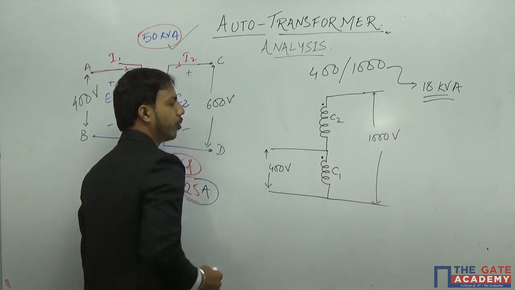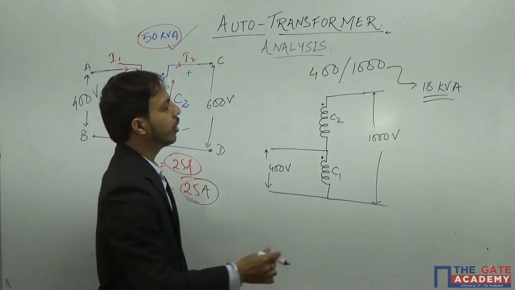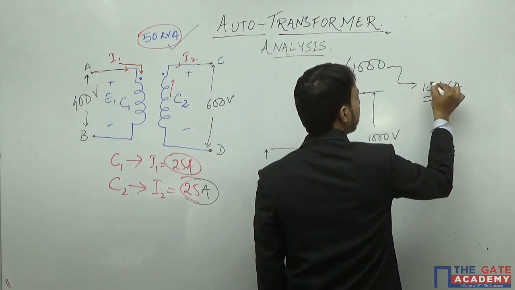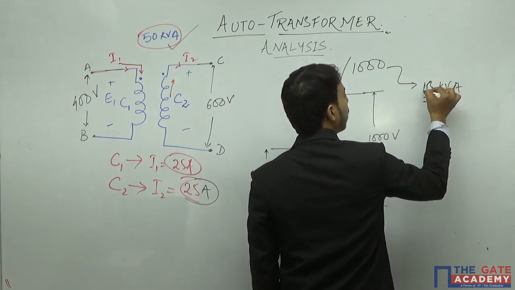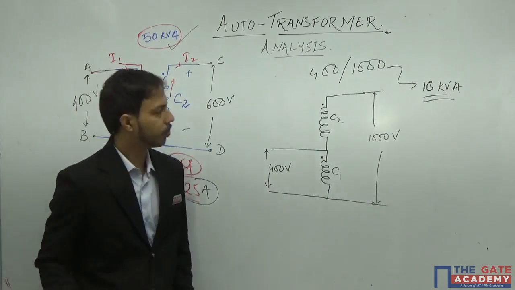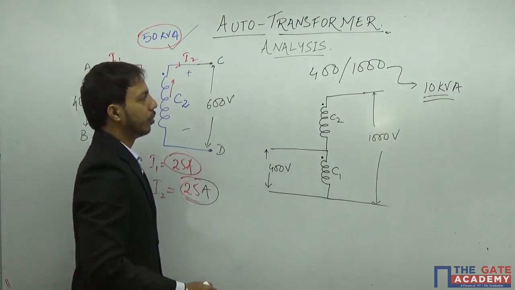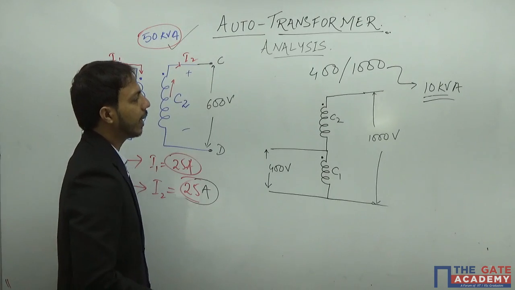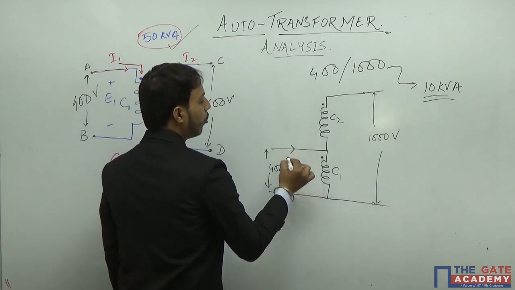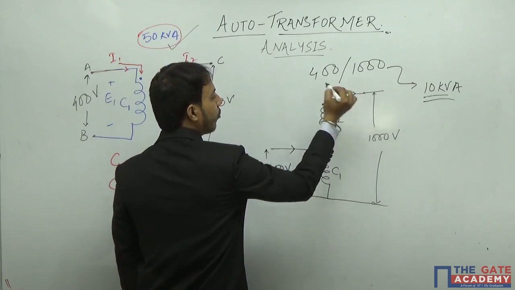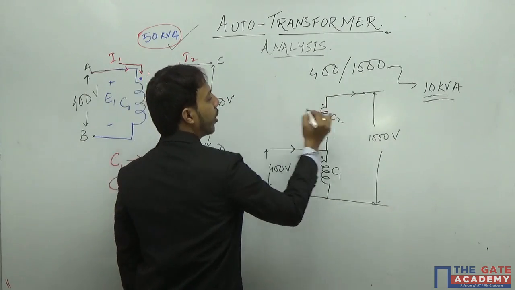Now they are saying that the output is 10 kVA. That means I can find out I1 and I2.